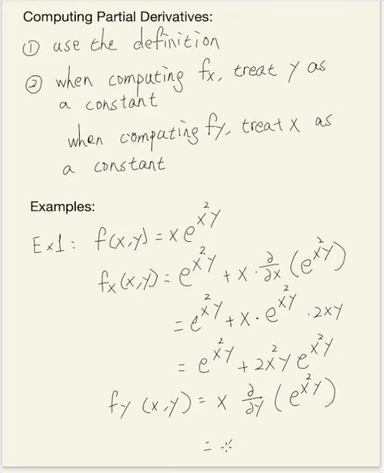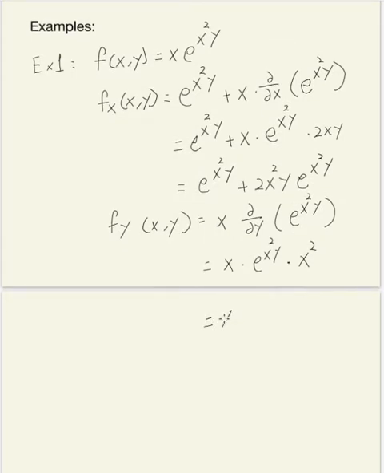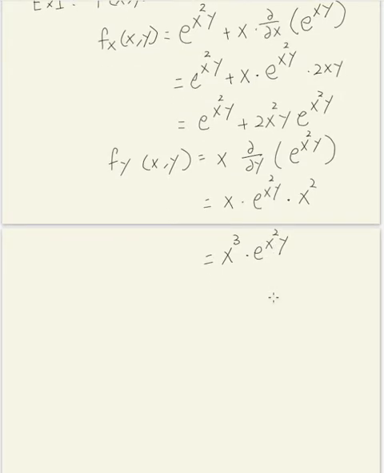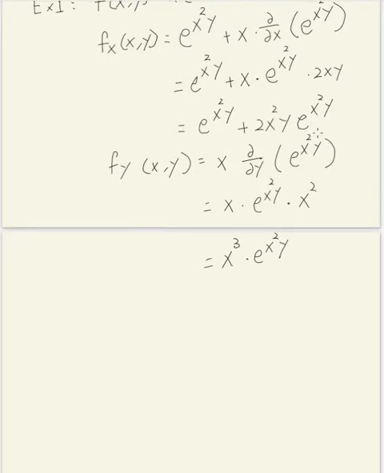Once again, that is x times e to the x squared y times the derivative of the exponent, which is x squared. So you just get x cubed. Okay.